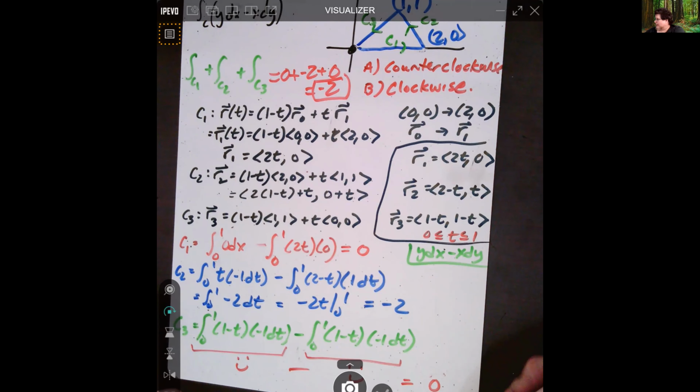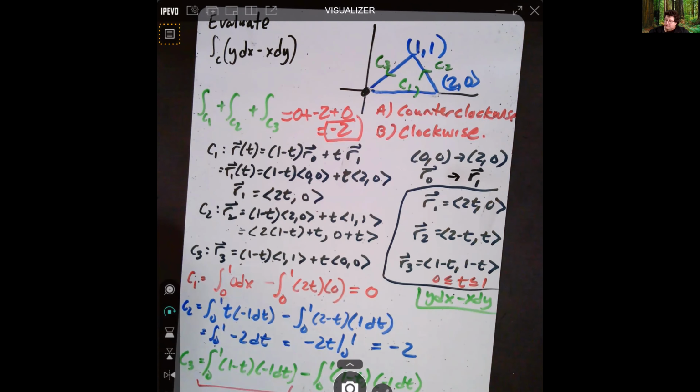Let's do this the other way. I'm going to redraw this, and we're going to go clockwise now. I'm writing the equation on another page.